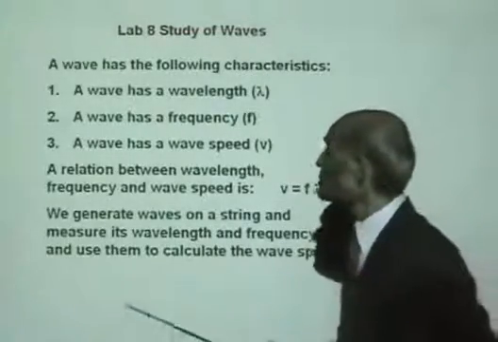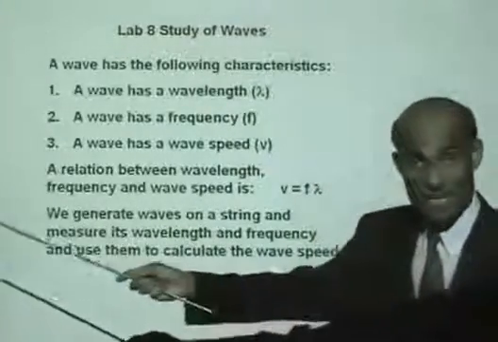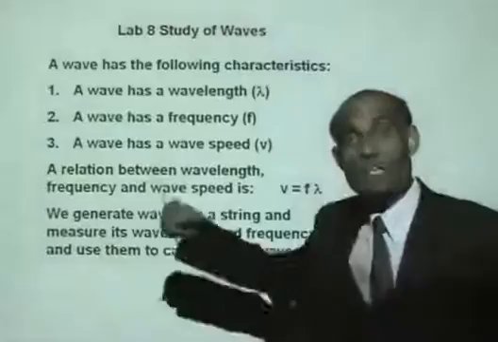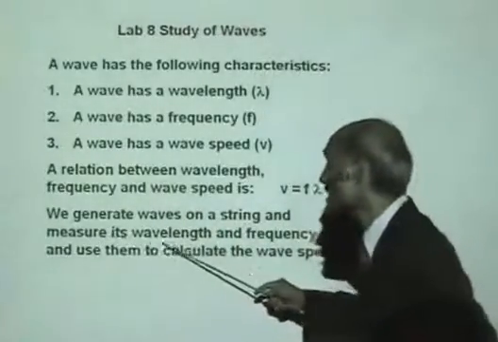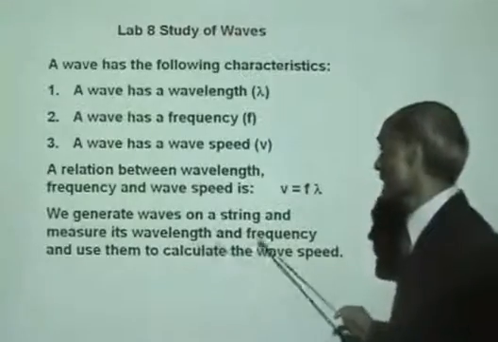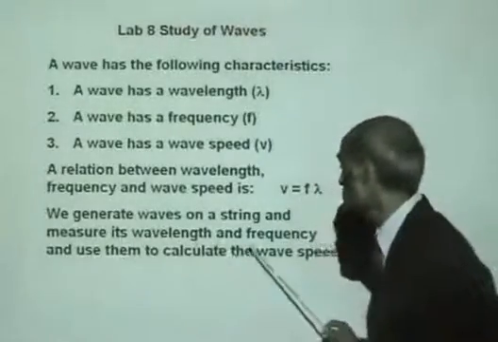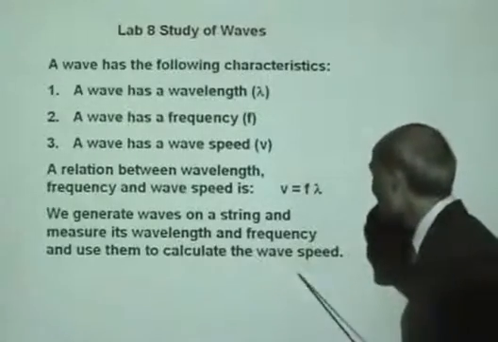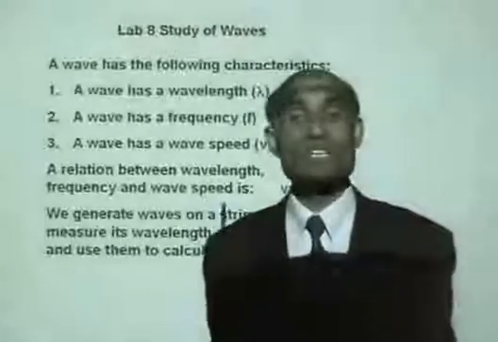Now, what we're going to do is generate waves on a string, just like the ones I showed you. We're going to generate those waves and measure the wavelength, and then measure the frequency, and use those two values to calculate the wave speed. So what are the measurements we are going to take?